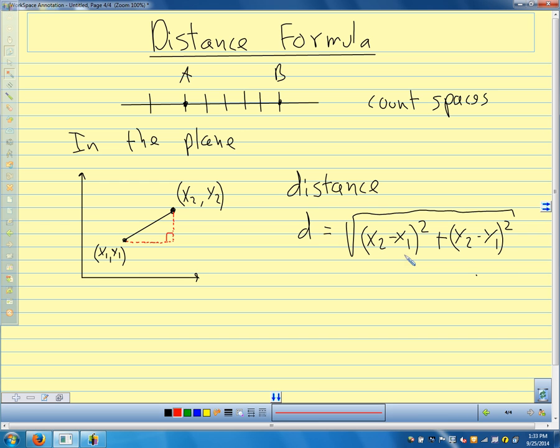All right, questions on where this comes from? All right, so let's look at a couple of examples using the distance formula.